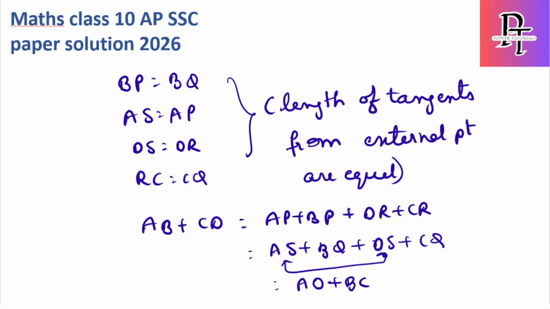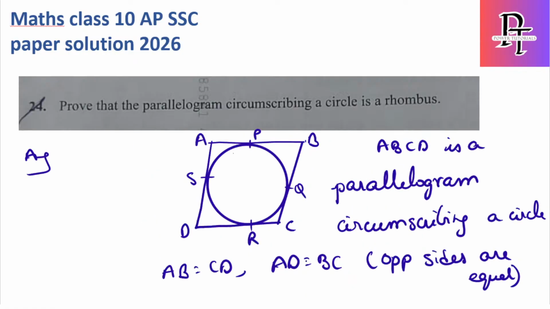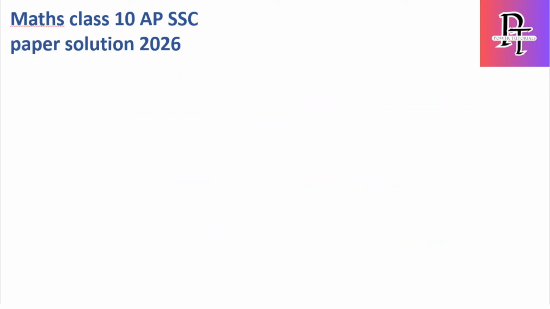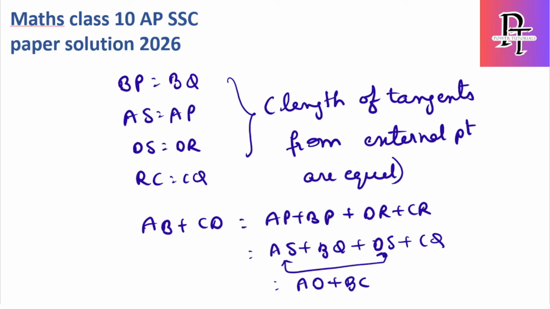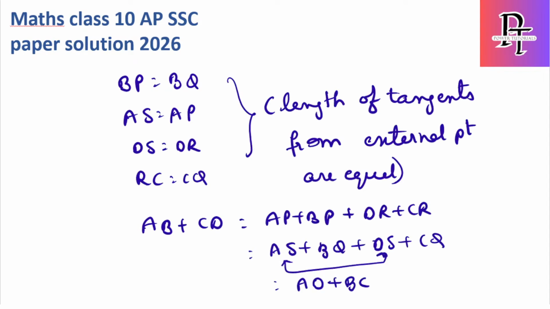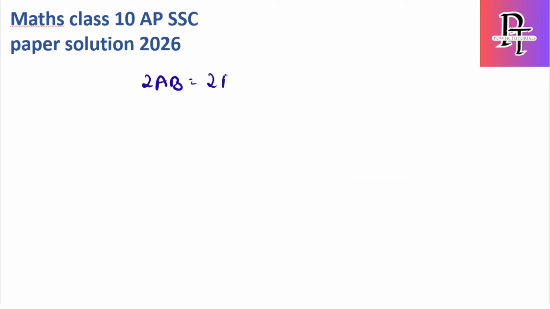So here I have used one more condition: AB is equal to CD and AD is equal to BC. So I can write 2AB is equal to 2AD. So AB is equal to AD.